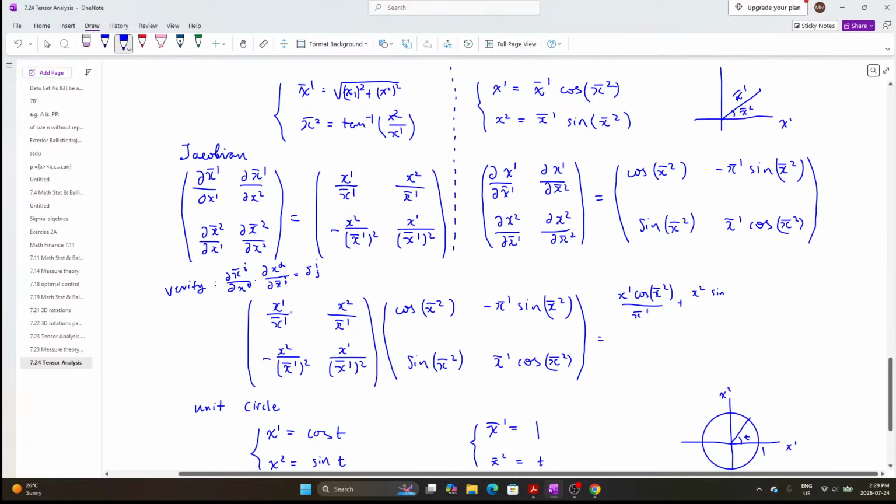What is that? I thought this one should cancel. I thought this one should be 1 or something.